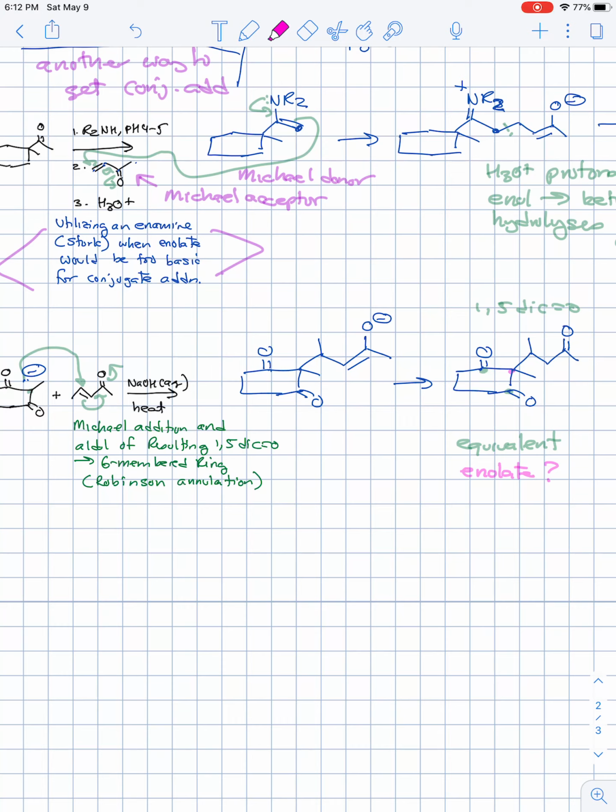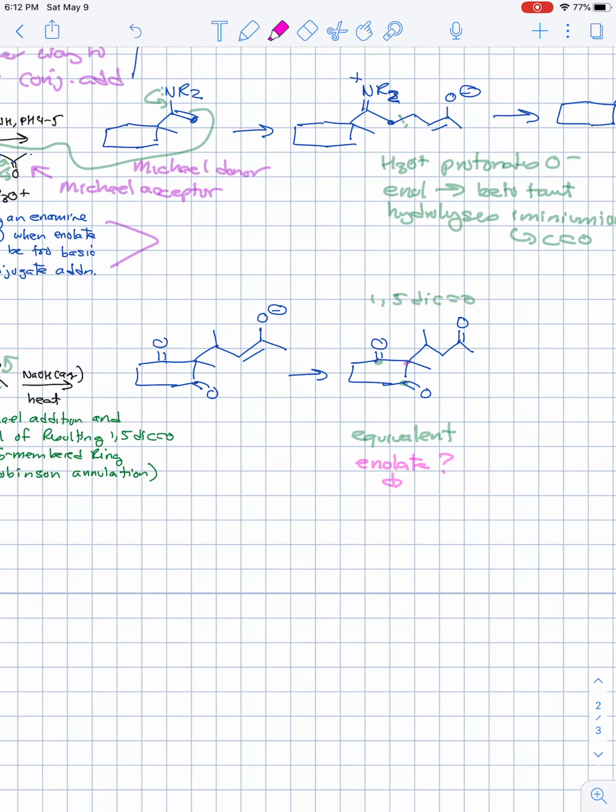But if we make the enolate there, the only thing it can do is make a ring that has 1, 2, 3, 4 carbonyls, which doesn't seem terribly likely. So a 4-membered ring does not seem very likely.